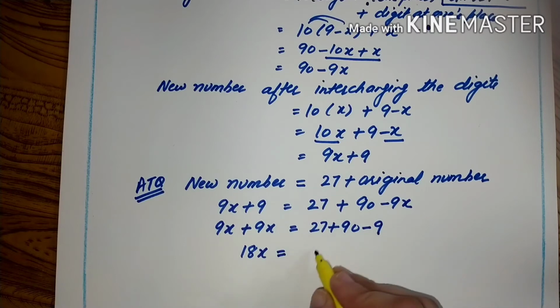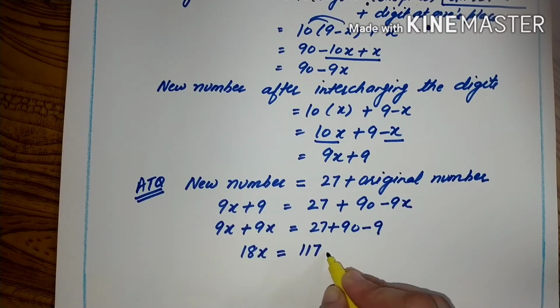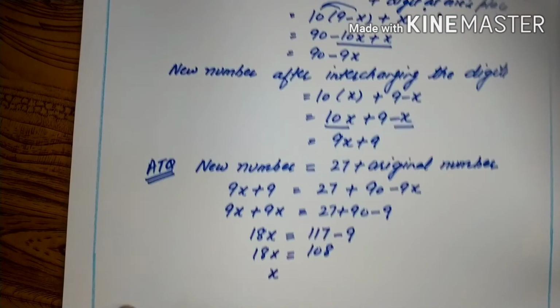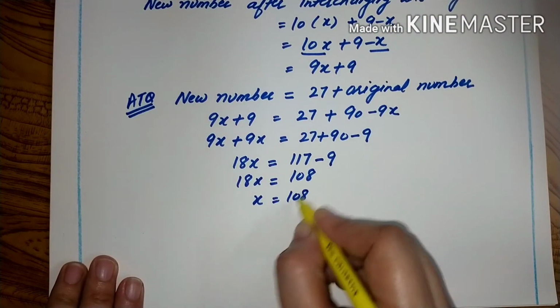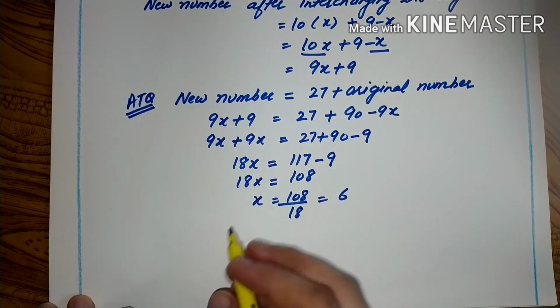It is equal to 117 minus 9. So 18x is equal to 108. x will be equal to 108 upon 18, that is 6.